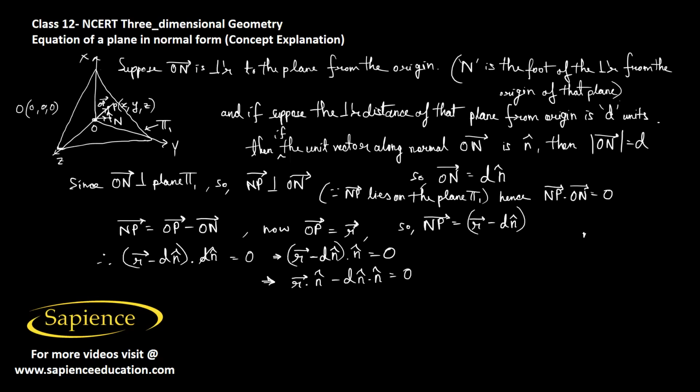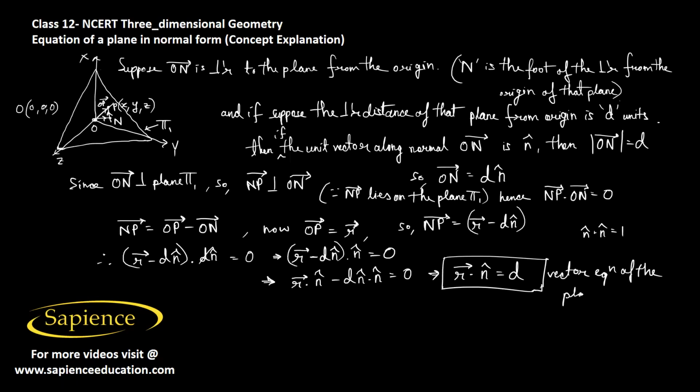Now n cap dot n cap should be equal to 1, since we are taking the dot product of the same unit vector. Therefore r vector dot n cap is equal to d. So this is the required vector equation of the plane pi 1 in the normal form.